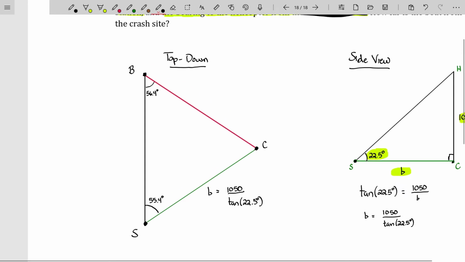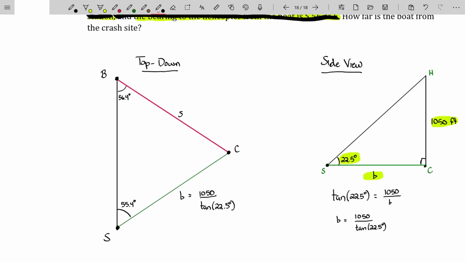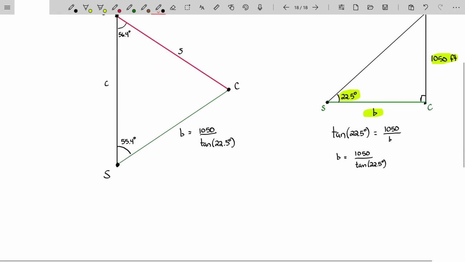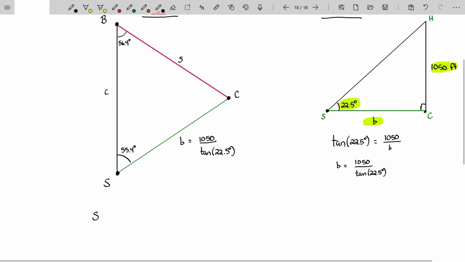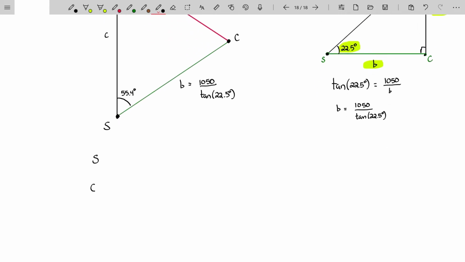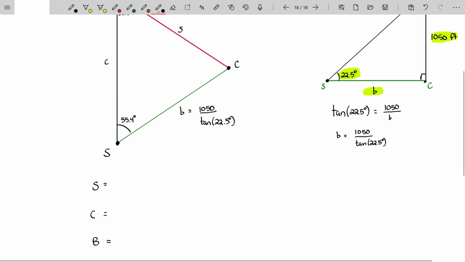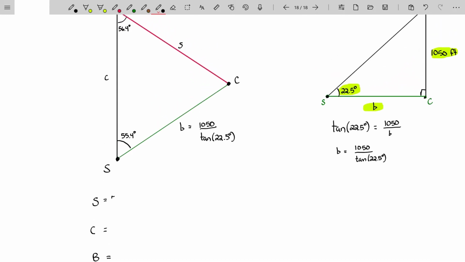Now I'm going to go ahead and label all these missing pieces and build a table. My angles are S, C, and B. And let's see what they've given us. We actually know all the angles. Angle S is 55.4 degrees.